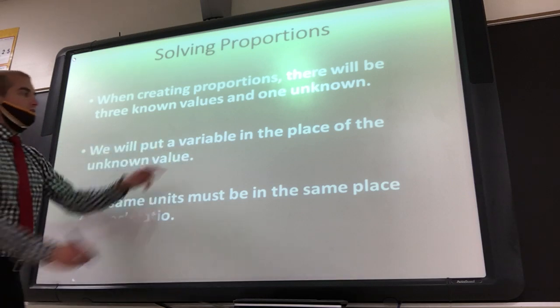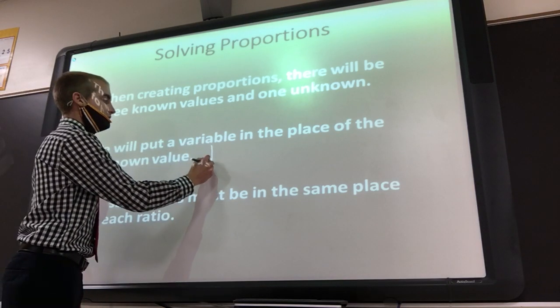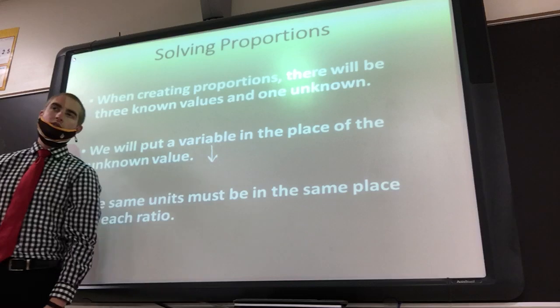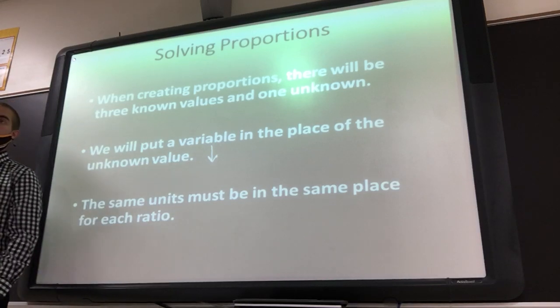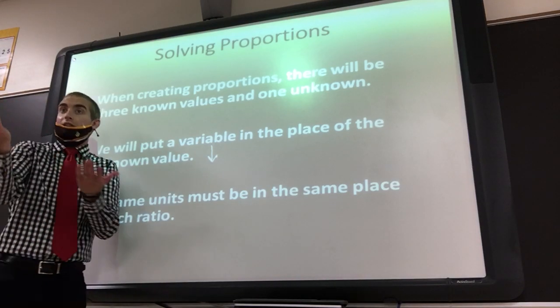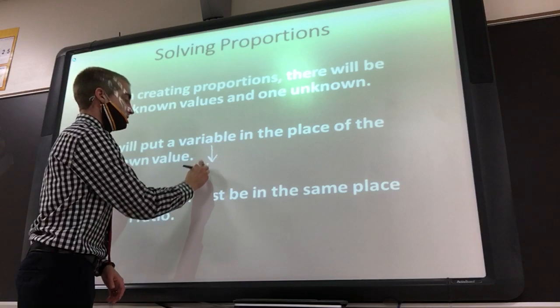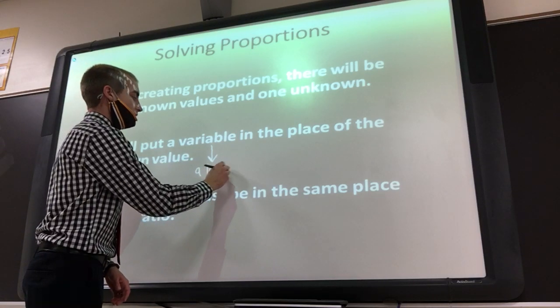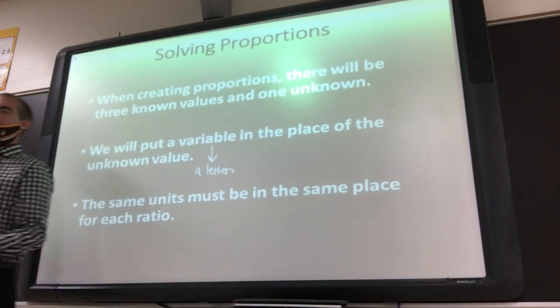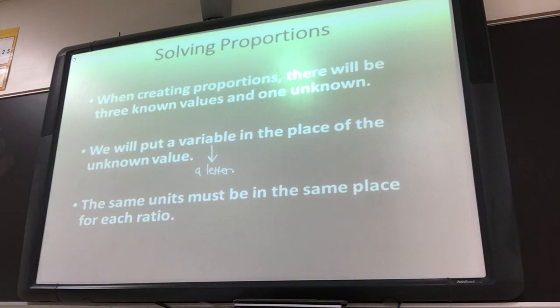A variable in math, what do we usually use as a variable? We use X or any letter. Yep, it could be a letter. A lot of times we are going to use X, but if we're trying to find how many miles, you could use M for miles. You could use a letter that fits what you're trying to find.